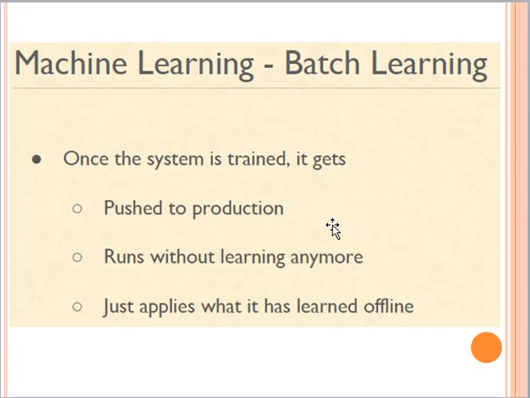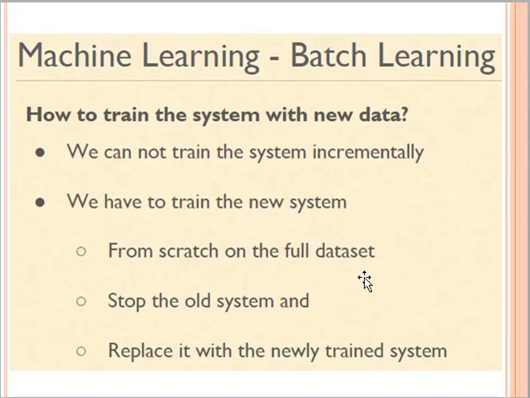And once it is in production, we will not be able to perform any kind of learning on it, right? If I have new data and I want to perform the learning again, then I will have to train my algorithm again on the whole data set under the offline learning domain, right? So this applies when we are doing learning under the offline domain or batch learning.